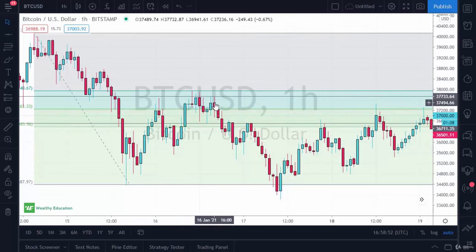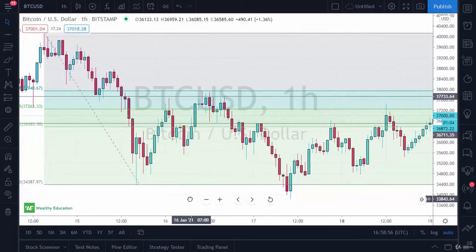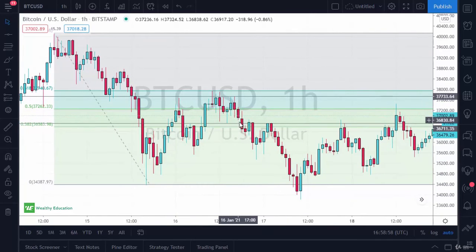And you can see that this started at the 50% Fibonacci retracement level, just as this one started at the 38.2 of the move lower. So all of this ties in nicely.